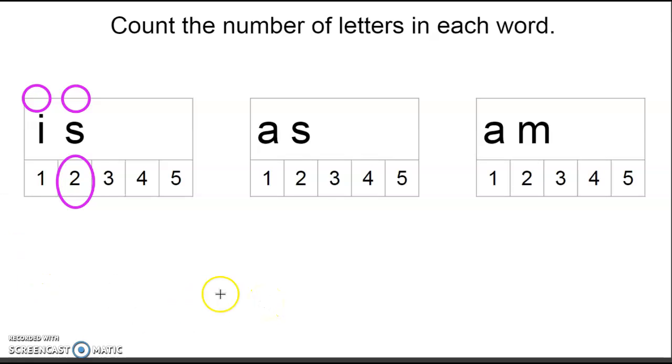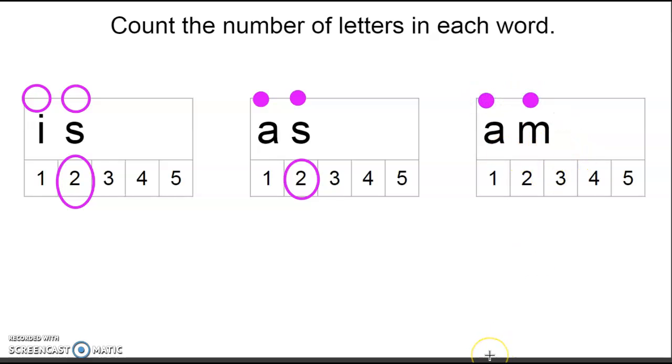Very good. Our next word also begins with A, but also ends with S. Our word is as. As. Let's count the letters. 1, 2. As has 2 letters in it. Very good. Our third word on this page is am.